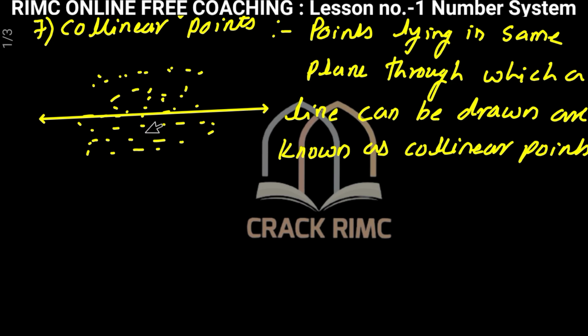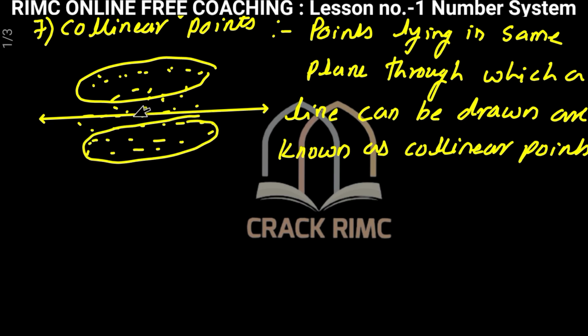Then you may have a question: what about these points which are not lying on this line? So those points which are not lying on the line are known as non-collinear points.